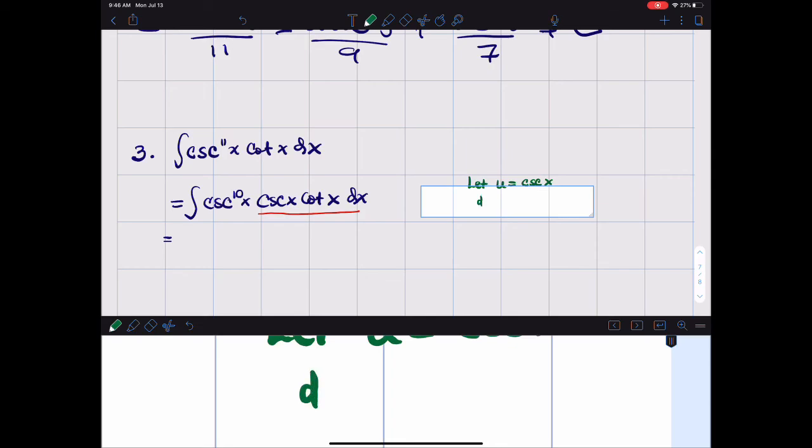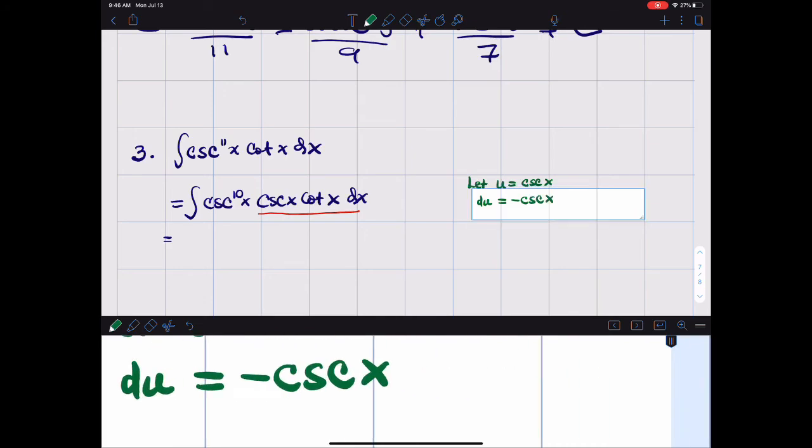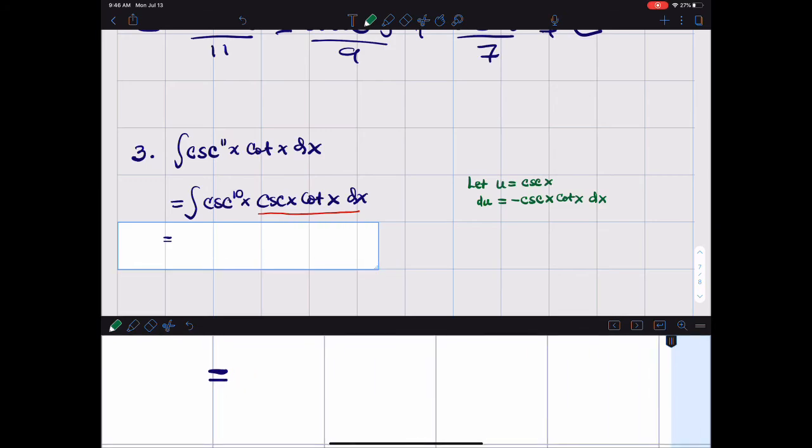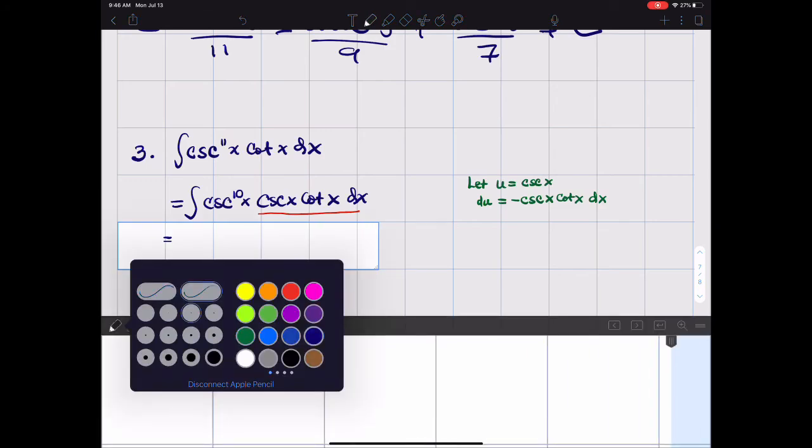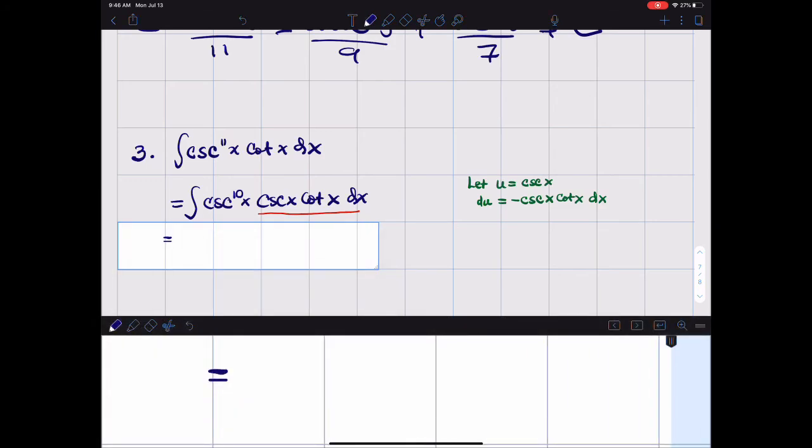So du dx is, if you remember from Calc 1, negative cosecant of x, cotangent of x. And then this is dx. So we go back here. So this is u to the power of 10. And this is negative du.